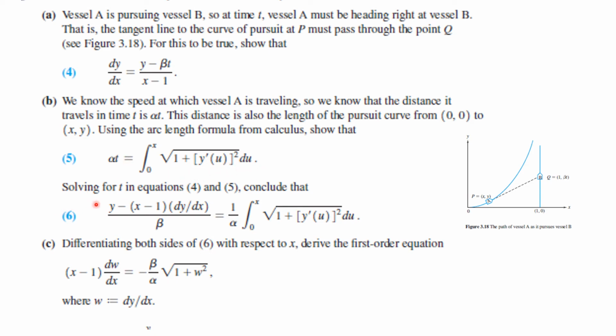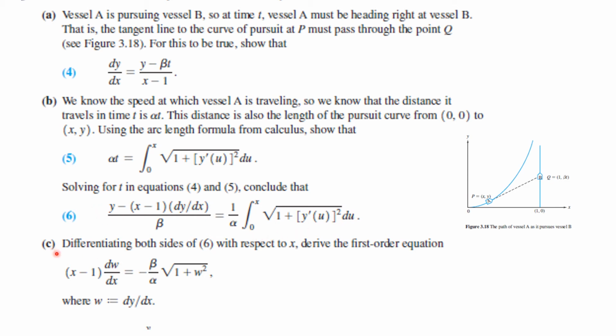And you solve for t in that equation, and you conclude with 6 that (x minus 1) times dy/dx, minus y, over beta equals 1 over alpha times this integral. So there's two things to do in part B. So show this and show this.